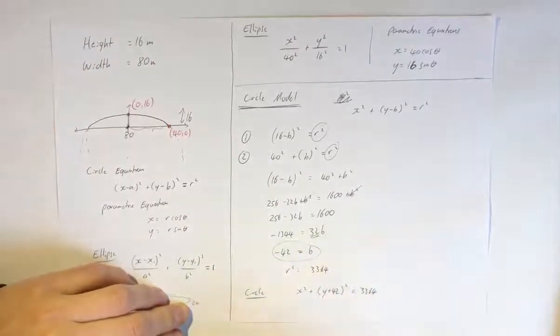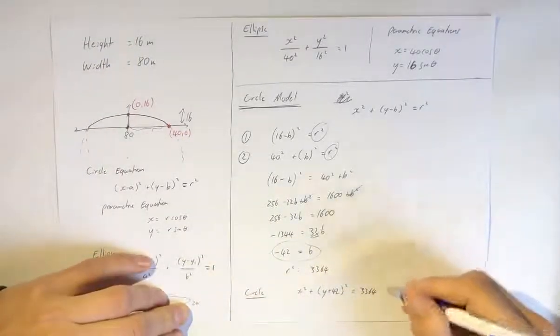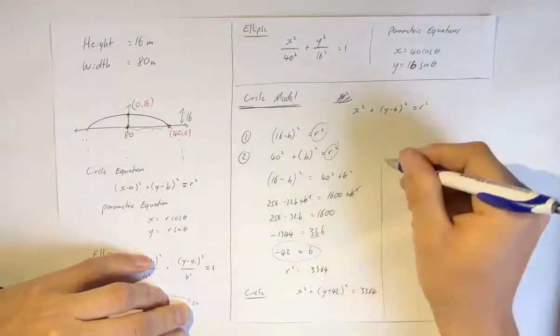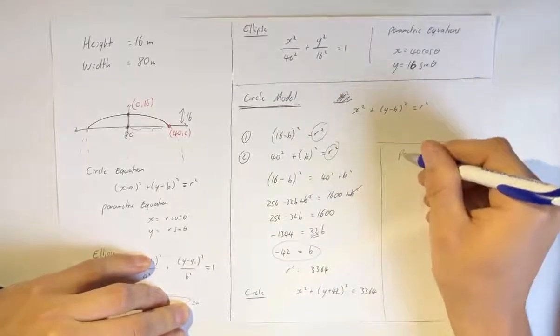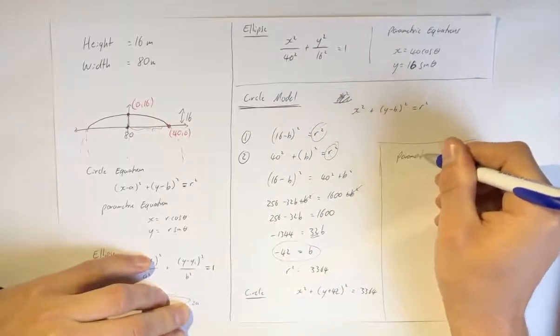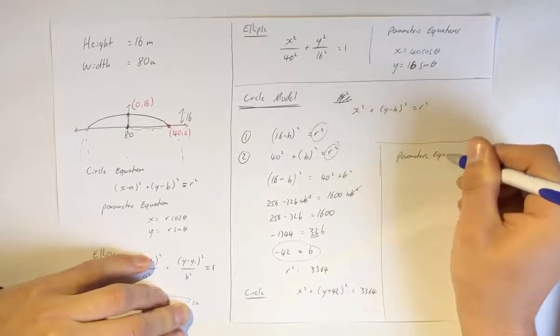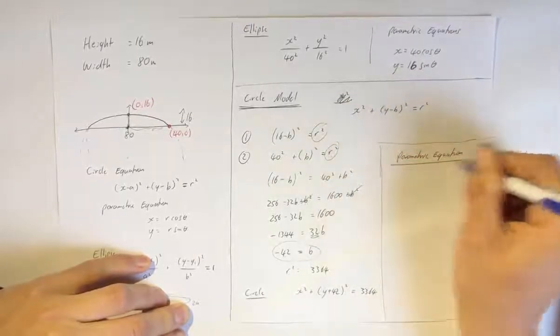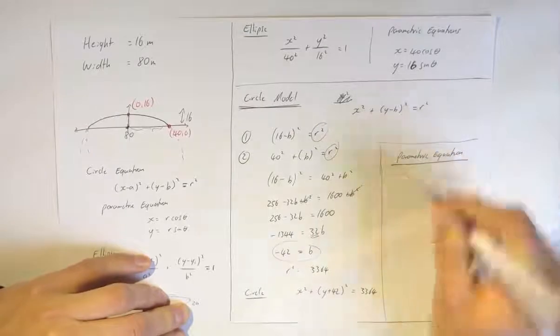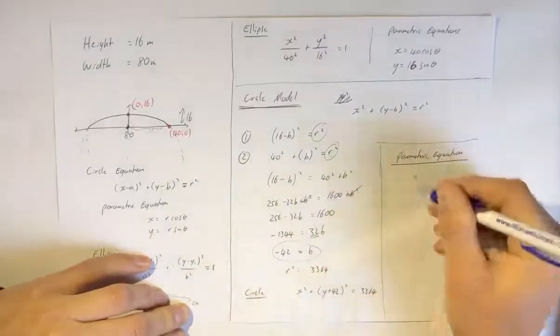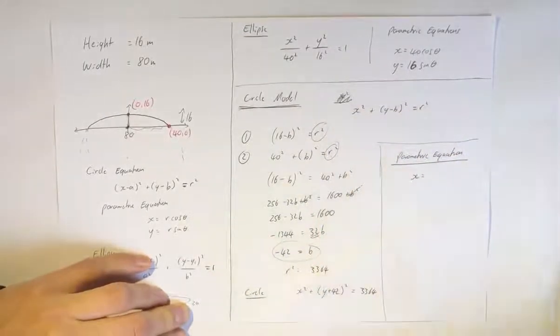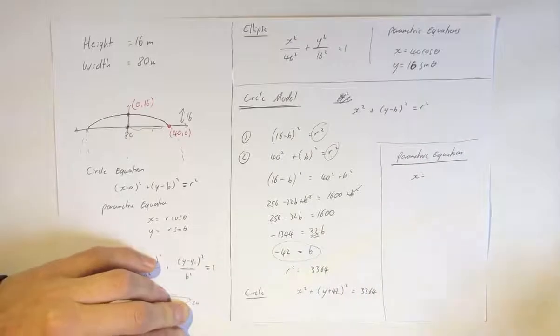The last thing is I would probably want the parametric equations. So the parametric equation is, well, we have no horizontal movement, so x is just r. I do need r then in the end, don't I?